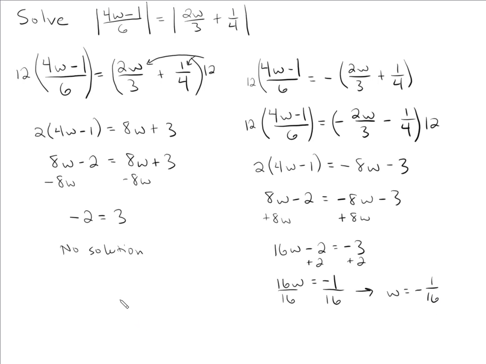Okay, since the first one gave us no solution, we actually ended up with only one solution on this particular problem. So let's check to make sure that that solution works.